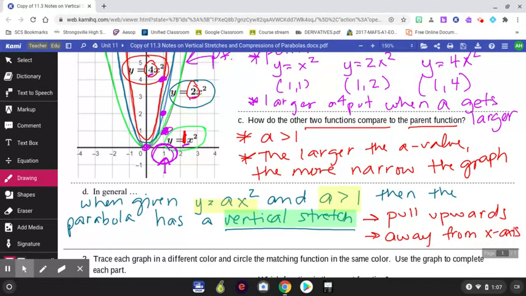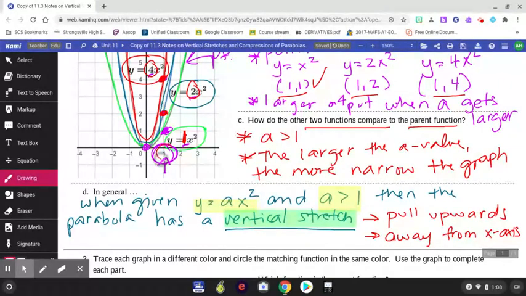Okay, and we see that here when we look at these ordered pairs. For the parent function, we are typically at 1, 1. But when I have this a value, it is going to stretch my graph so that instead of 1, 1, I'm at 1, 2. And when my a value is 4, I'm going to stretch my graph away from that x-axis, right?